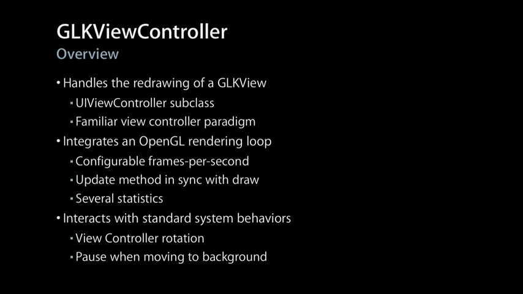They need to manage orientation for a second display if they're using AirPlay mirroring, and so on. Now, we used to say that you should manage orientation yourself in OpenGL ES and avoid using a view controller. That's no longer the case. You should use a view controller now, and this object will do all of that for you.